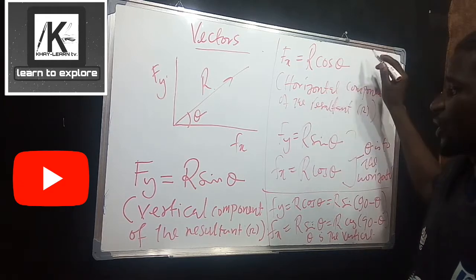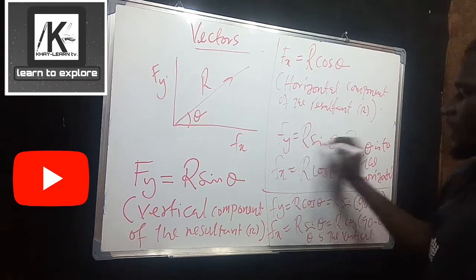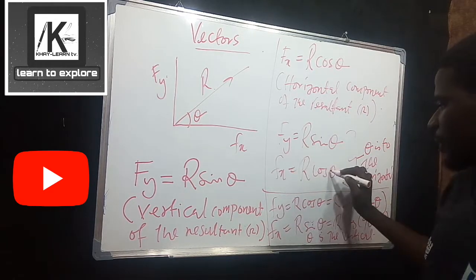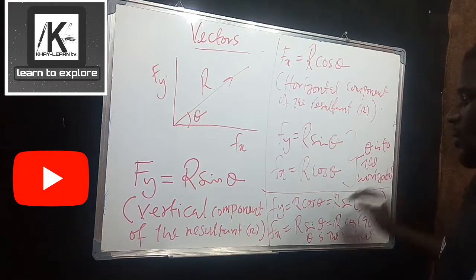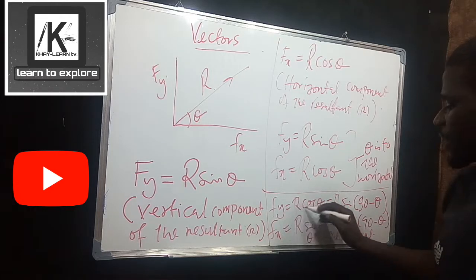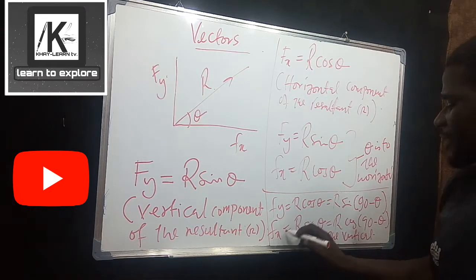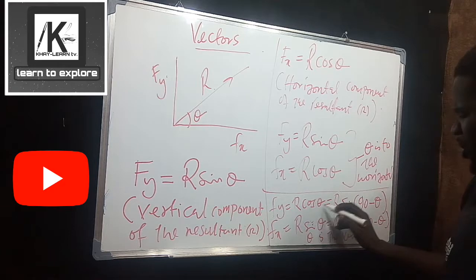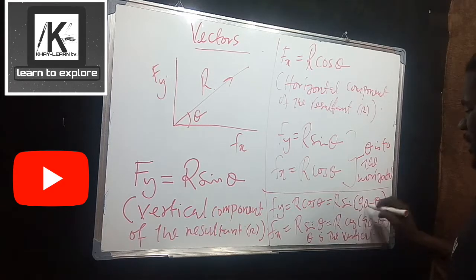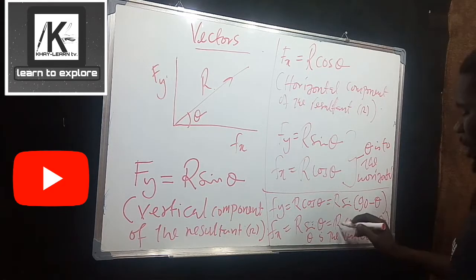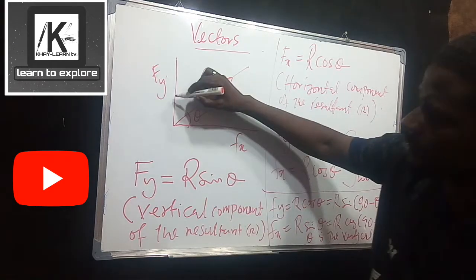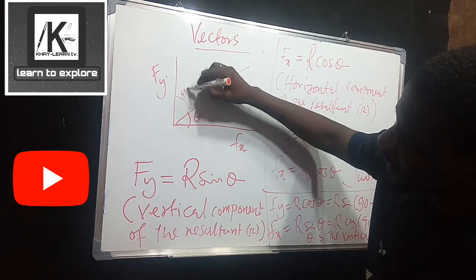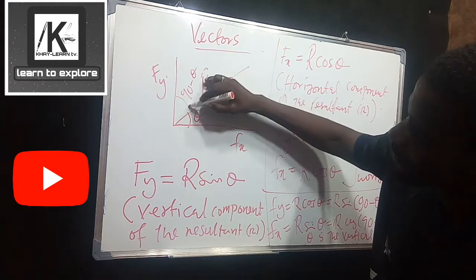While it is Fy equals R cos theta and Fx equals R sine theta, which can also be written as R sine (90 minus theta) and R cos (90 minus theta), when theta is attached to the vertical.